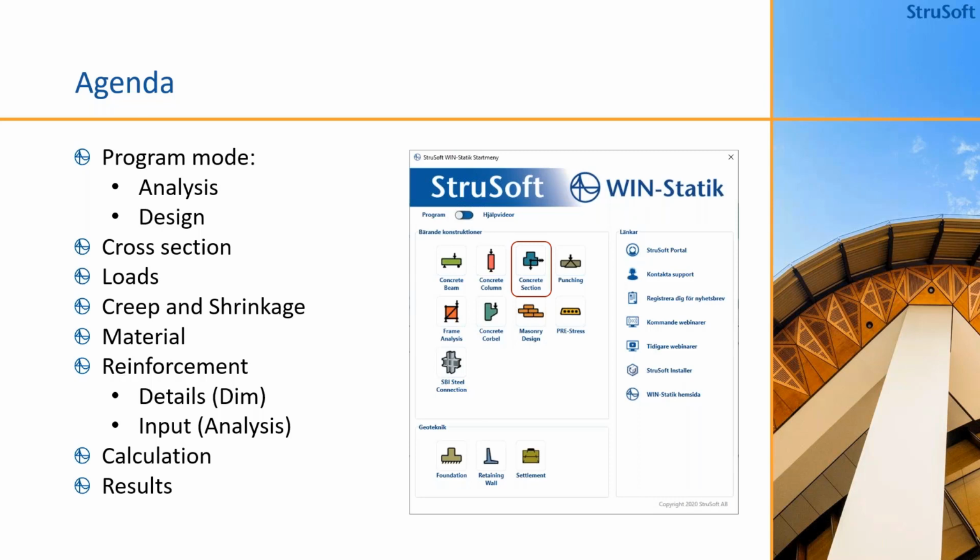We will take a look at the cross sections, loads, long-term effects like creep and shrinkage. We will take a look at the materials, and how the reinforcement is entered, either by designing, where you have to give the reinforcement details, or by analyzing one set of reinforcement and how that is used as input in the program.